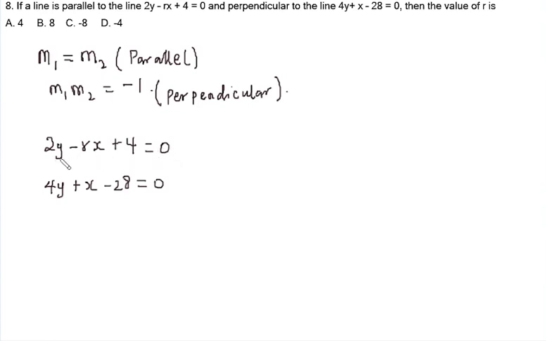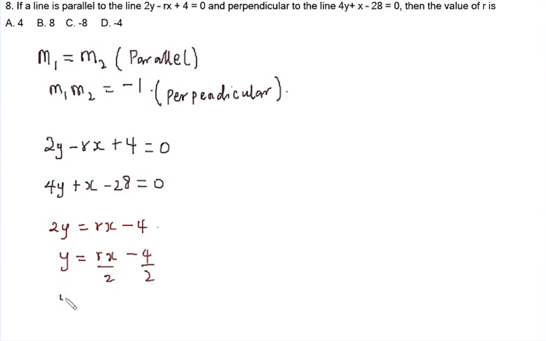So I'd like to change this to the slope-intercept form. Solving this, I'll be saying 2y is equal to, moving rx and 4 to the other side, rx minus 4. So this becomes y is equal to rx divided by 2 minus 4 over 2.